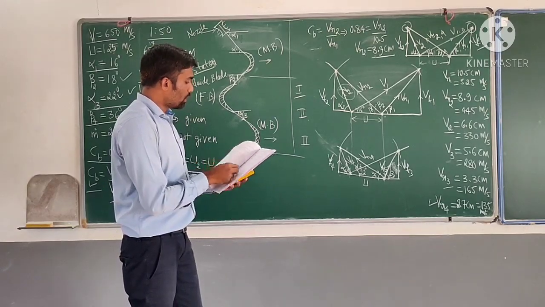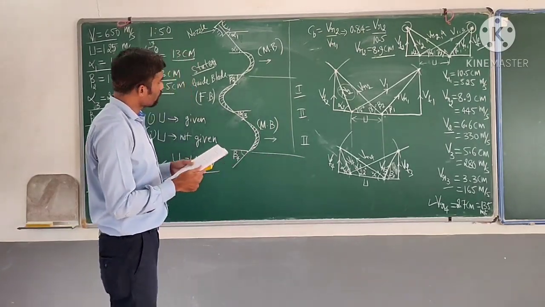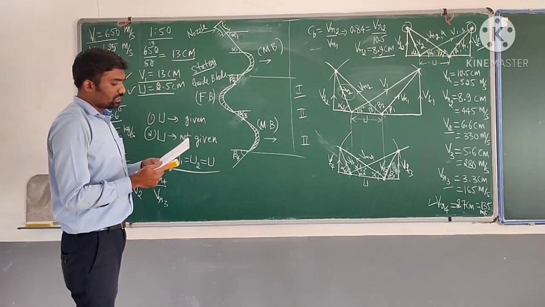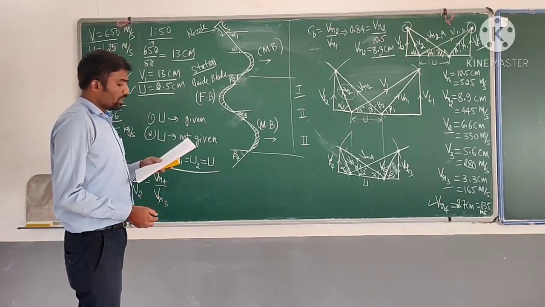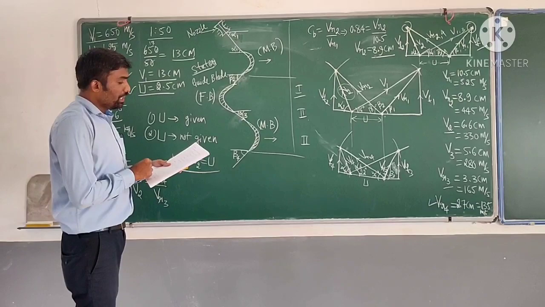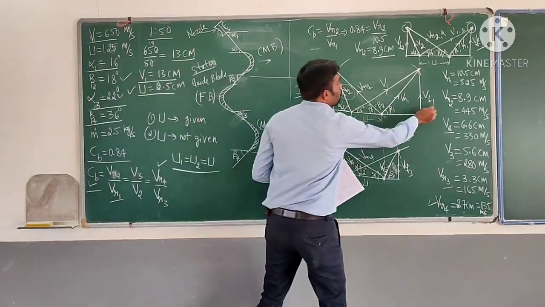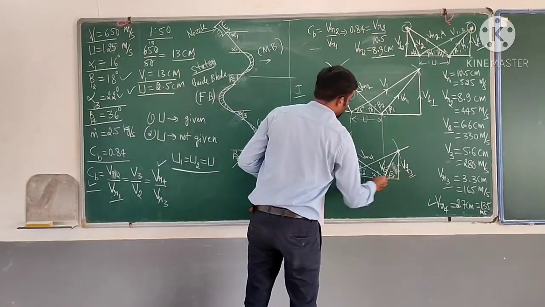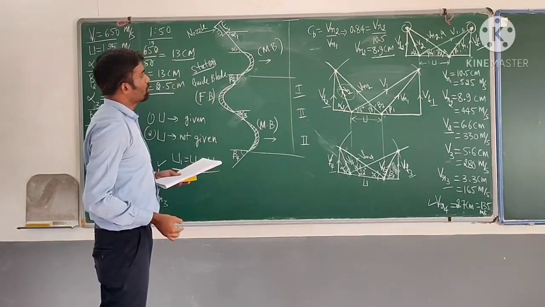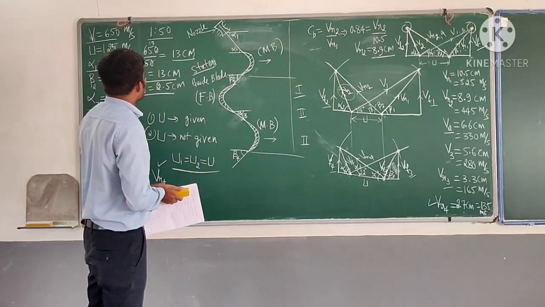Okay. In this problem, it was asked to calculate axial thrust. In order to calculate axial thrust, we need VF1, VF2, VF3, VF4, so that we can measure and calculate. So I will write the formula.